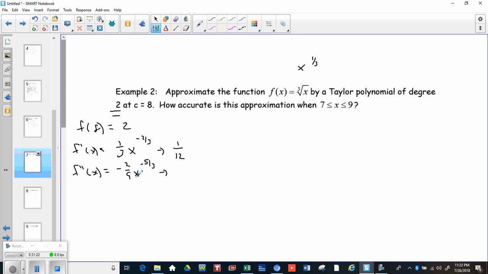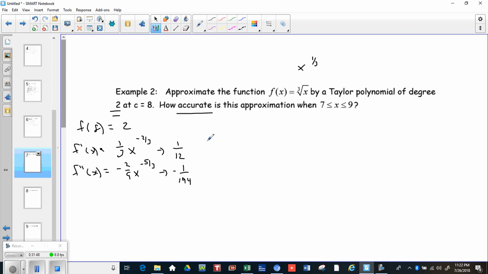But that's got to drop into the denominator. I'm trying to do a bunch of mental math here. But the 2 over the 32 is 1/16. 16 times 9 is 144. So we're going to get negative 1 over 144 for our second derivative, evaluated at 8.